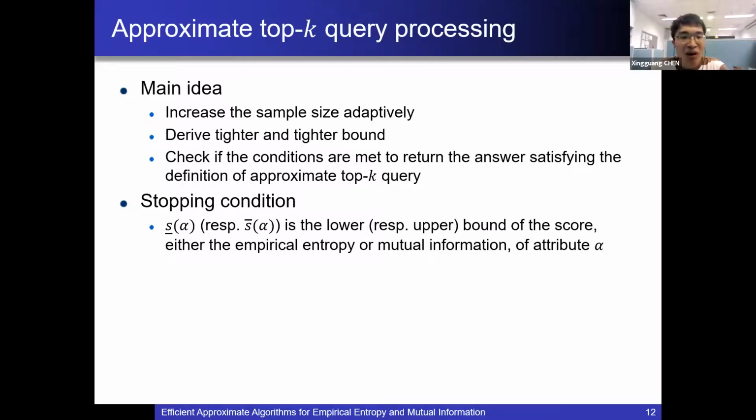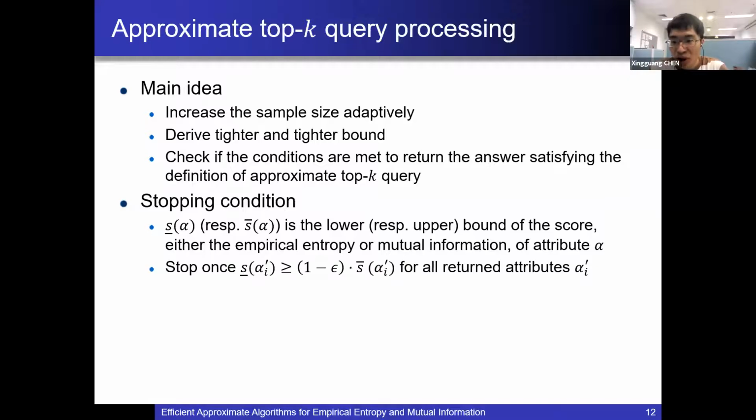S underline alpha and S overline alpha are the lower and upper bounds of the score, either the empirical entropy or mutual information of attribute alpha. We stop the iteration once, for all returned attributes, the lower and upper bounds of the score satisfy the relations as the inequality shows. This will make sure that the result satisfies the definition of the approximate top K query.